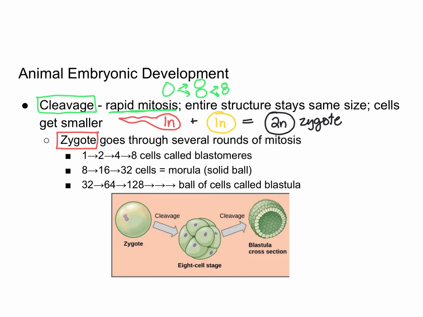During cleavage, one important thing, and you can kind of see it on this picture down here, is that the zygote is a certain size. With cleavage, the overall size of the structure is staying about the same, but the number of cells is increasing. So each cell is actually getting smaller, because remember, a zygote is one cell.